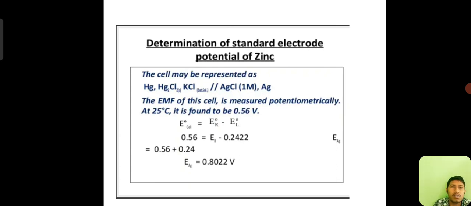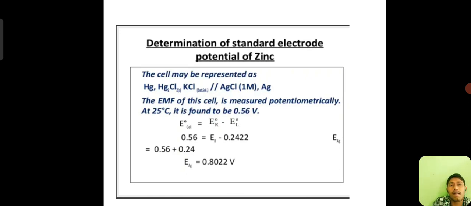The EMF of the cell is measured potentiometrically at 25 degrees Celsius. It is found to be 0.56 volts. E0 cell equals E0 R minus E0 L, where E0 R means right side and E0 L means left side.